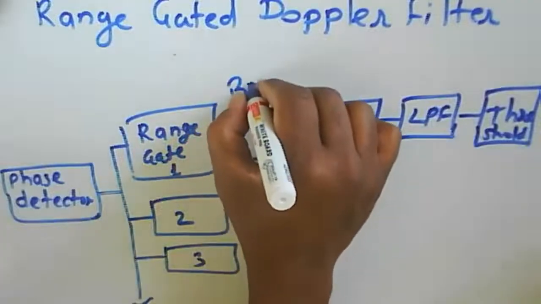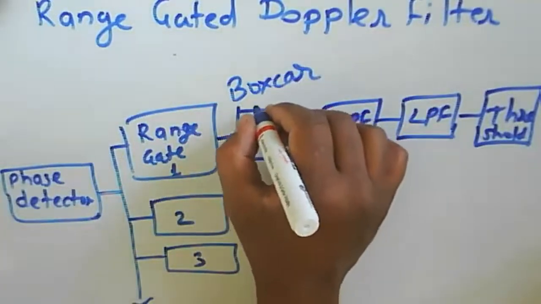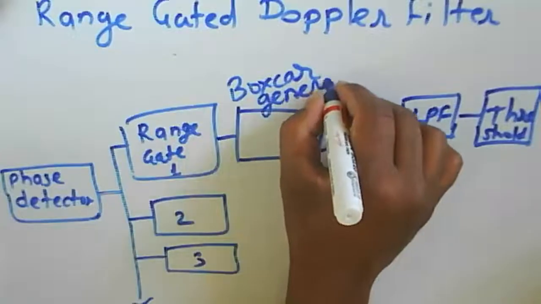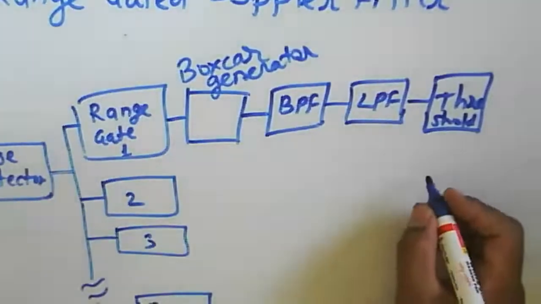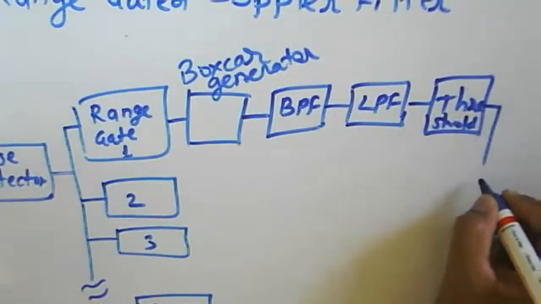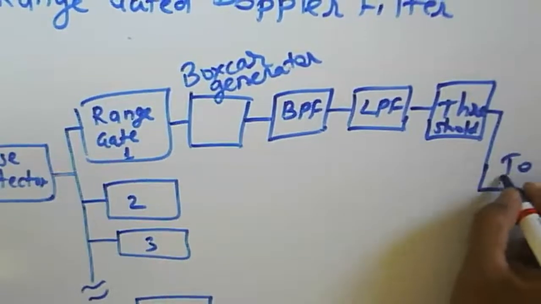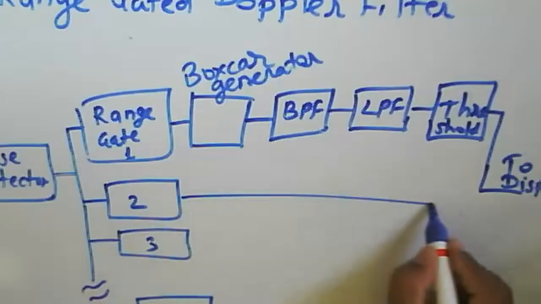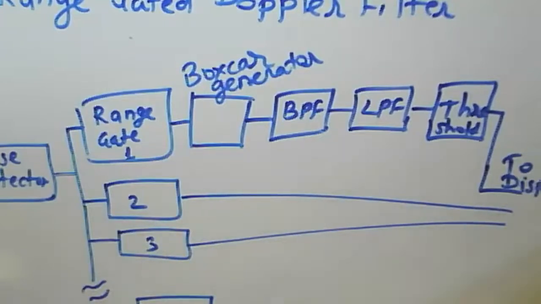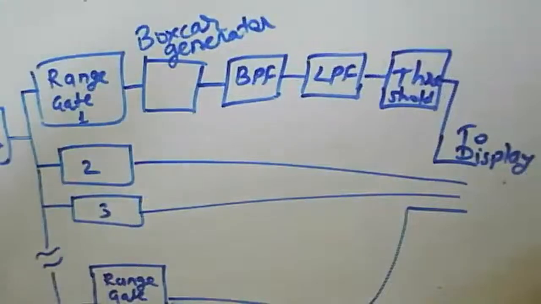So the boxcar generator, then a threshold, and after the threshold that will be given to the data processing or to the display. Whatever output we are getting will be given to the display.